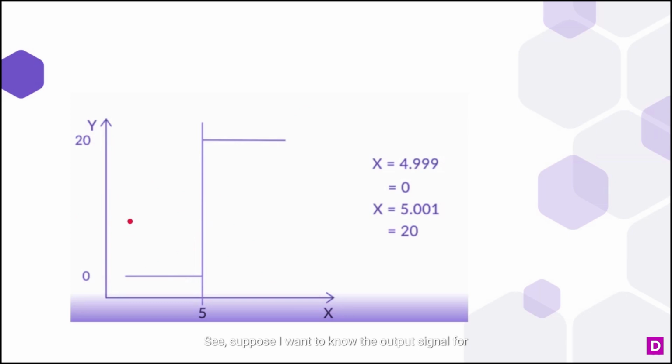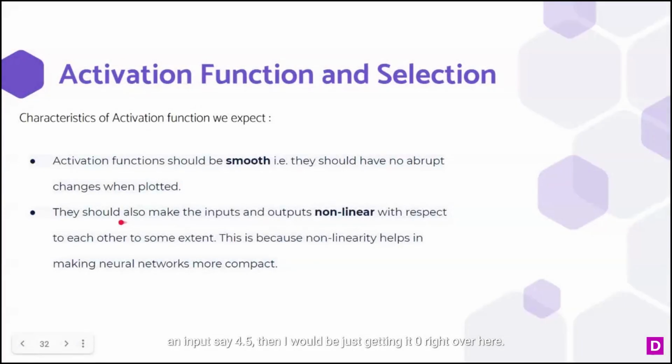Suppose I want to know the output signal for an input of 4.5, I would just get 0 right over here. But that should not be the case. It should be a smoother curve. For any minor changes in the input signal, there should be a certain amount of deflection or signal variation in the output as well.